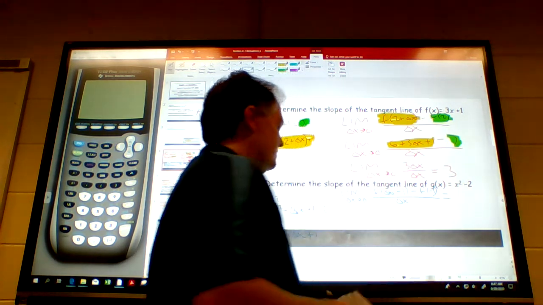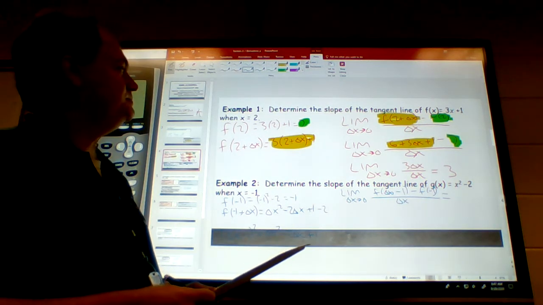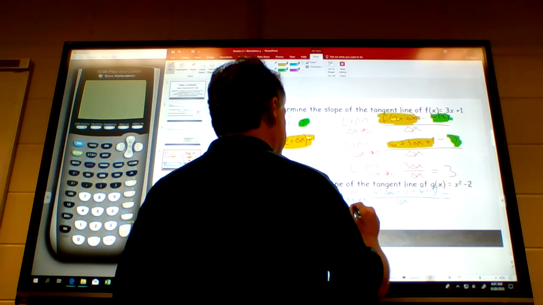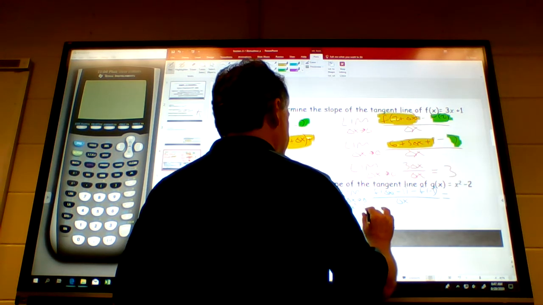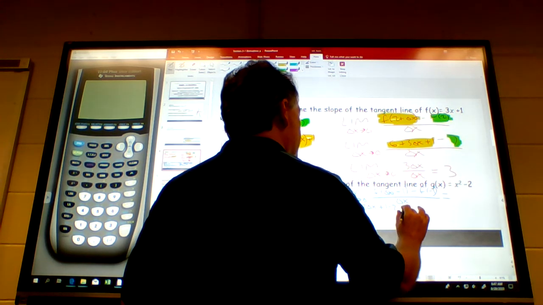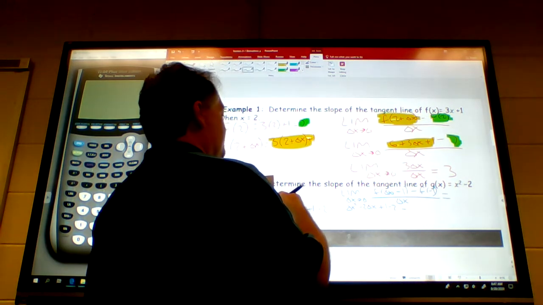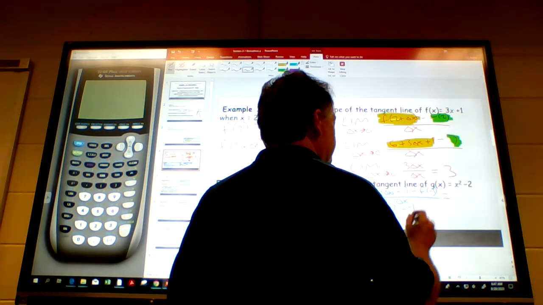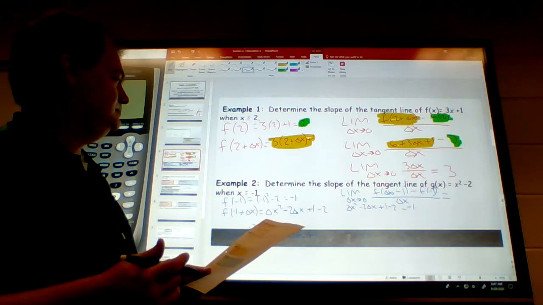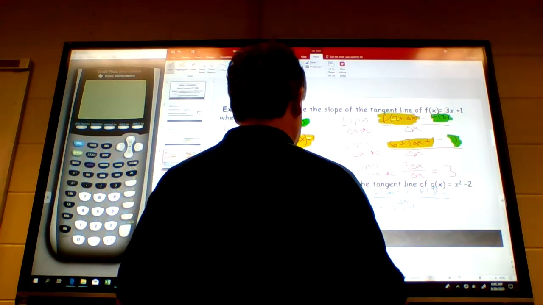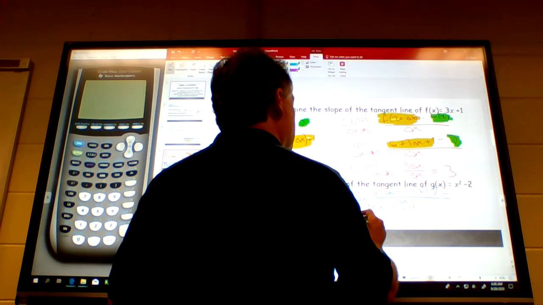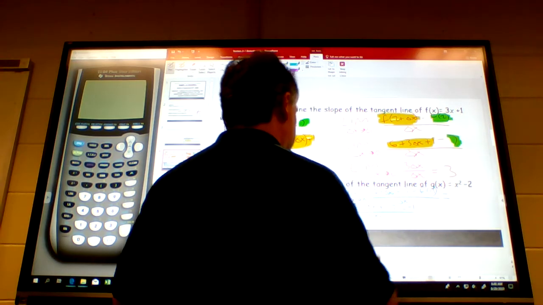Equals, and I'm going to run out of room here in a minute, so we have all this, which is delta x squared minus 2 delta x plus 1 minus 2, and then minus what we said over here that was minus negative 1, which of course is plus 1. And then that, of course, is over delta x.